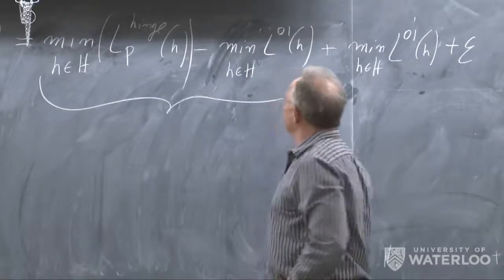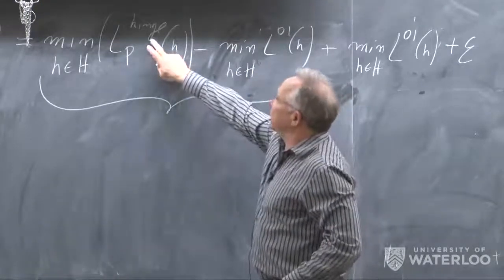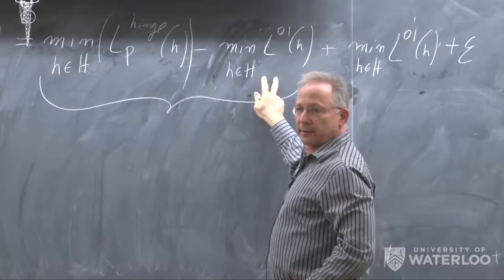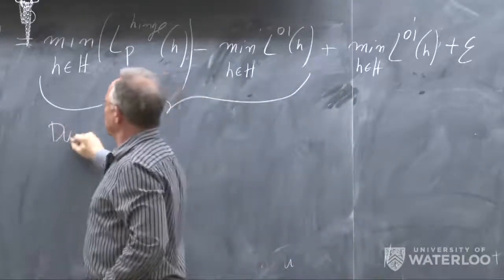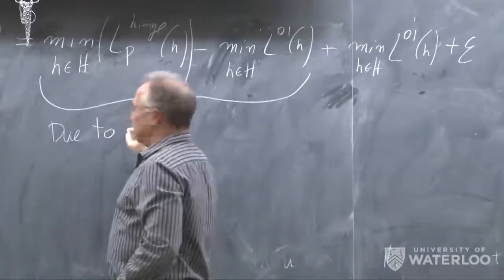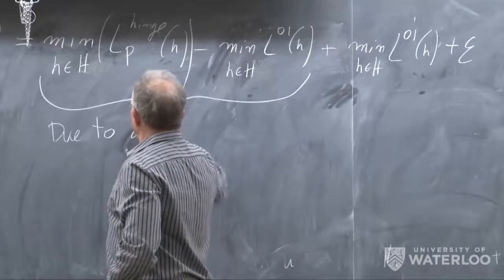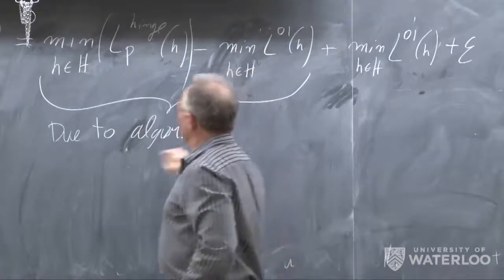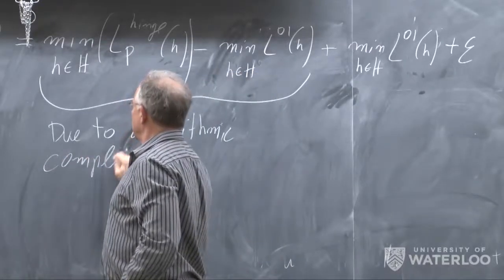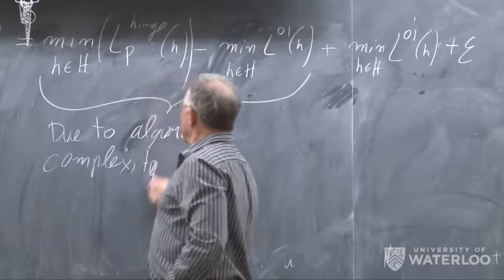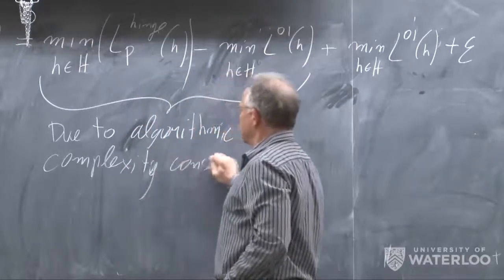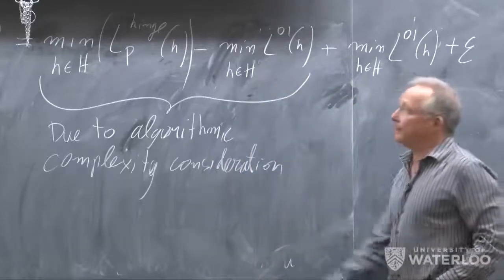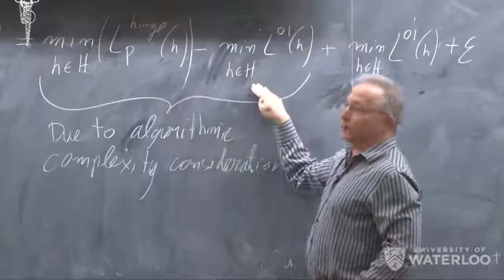This first term is due to the fact that I was minimizing hinge loss instead of minimizing 0-1 loss. It is due to algorithmic complexity considerations: I was minimizing the hinge loss instead of the 0-1 loss.